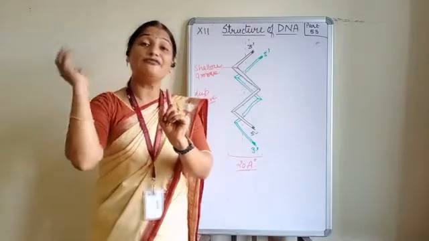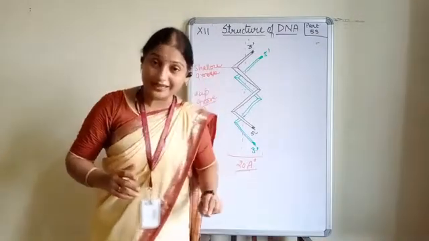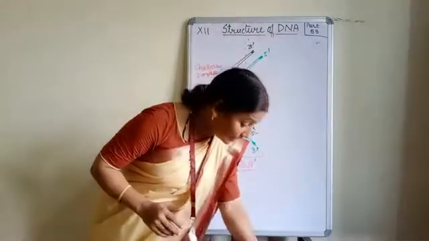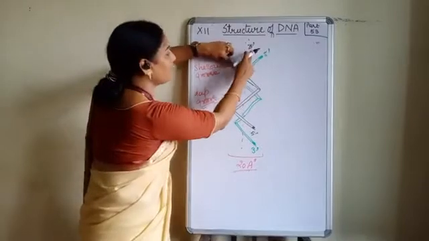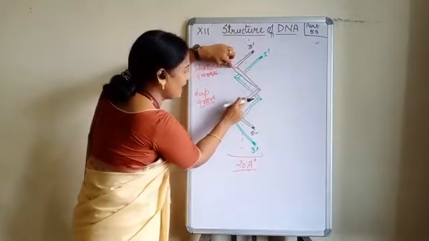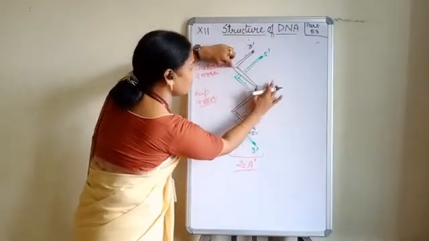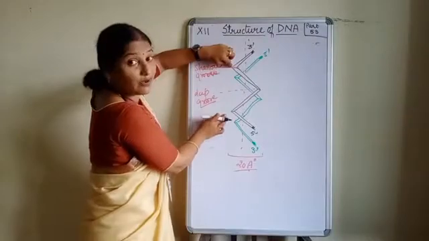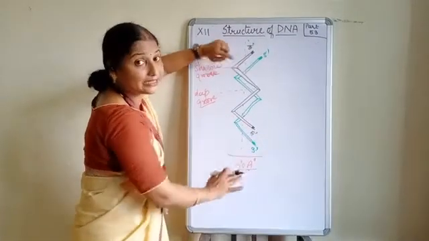Now, when they are forming one complete 360-degree rotation, Watson and Crick found that, suppose we start from here, then this is the half, moving in front of this, then again this will be one complete rotation, because from here again we are going to start with the next groove.